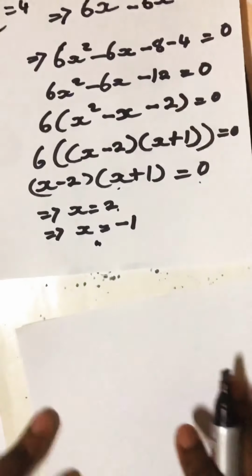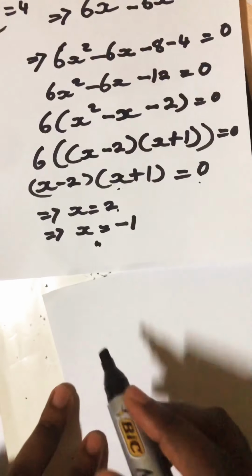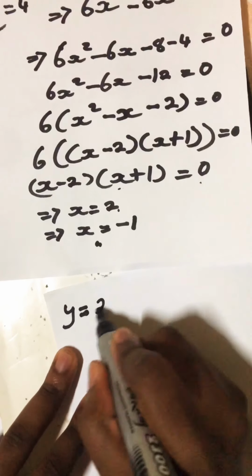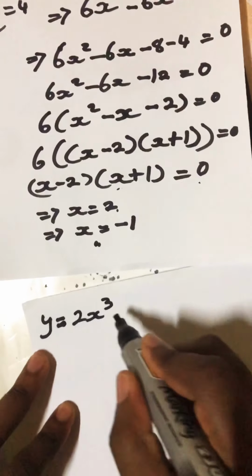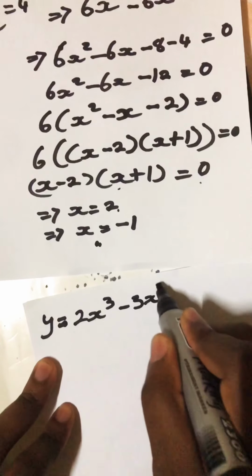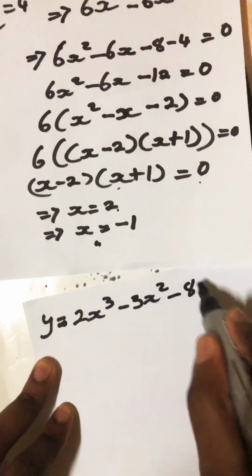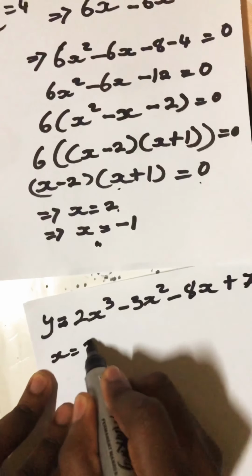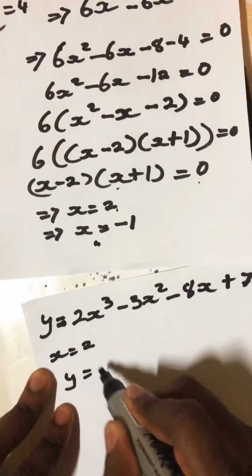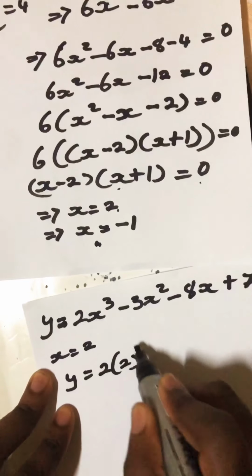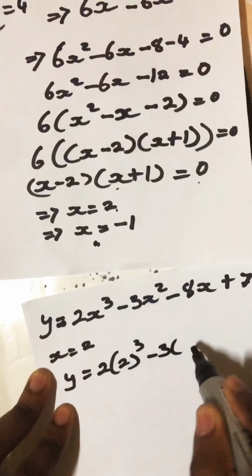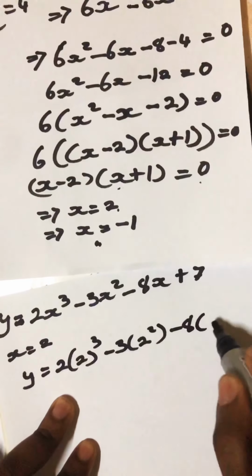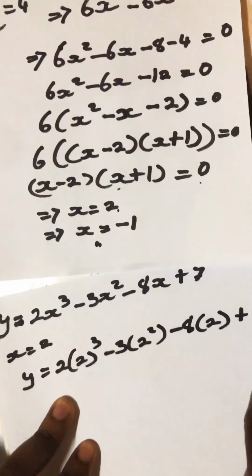Our equation is y equals 2x cubed minus 3x squared minus 8x plus 7. So taking x to be 2, our y value will be 2 cubed minus 3 times 2 squared minus 8 times 2 plus 7.